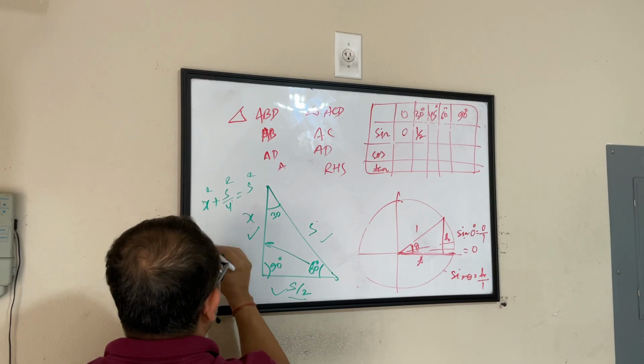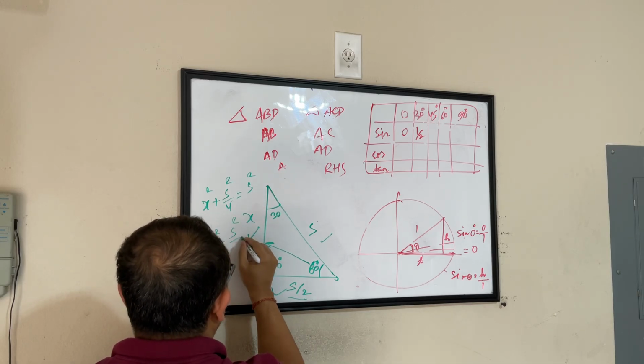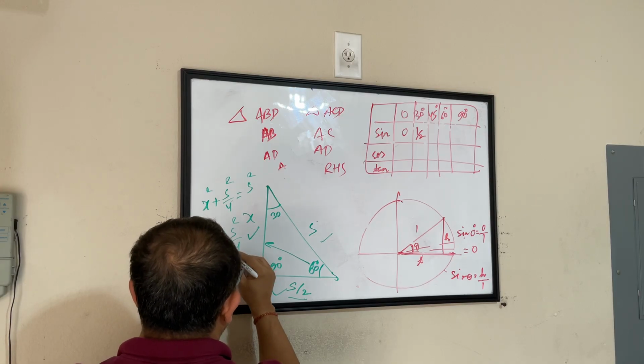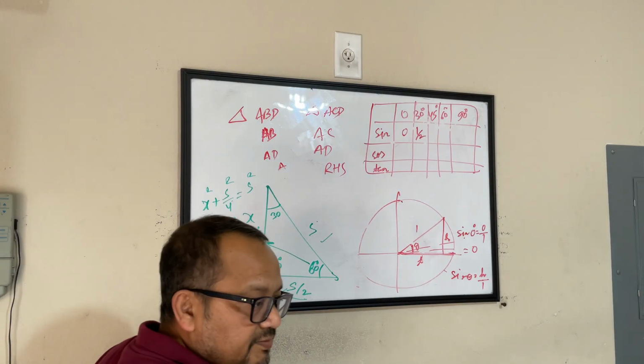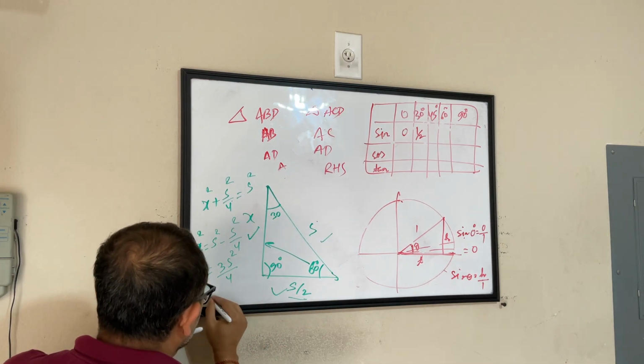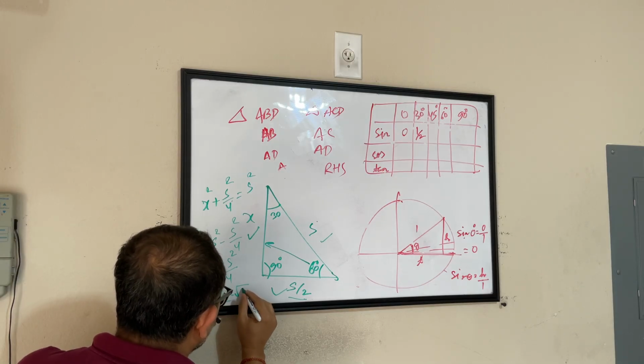Or x square equals S square minus this. So S square minus S square by 4 will give you 3S square by 4. Okay? So you got x square equals this. So x becomes S by 2 square root of 3.